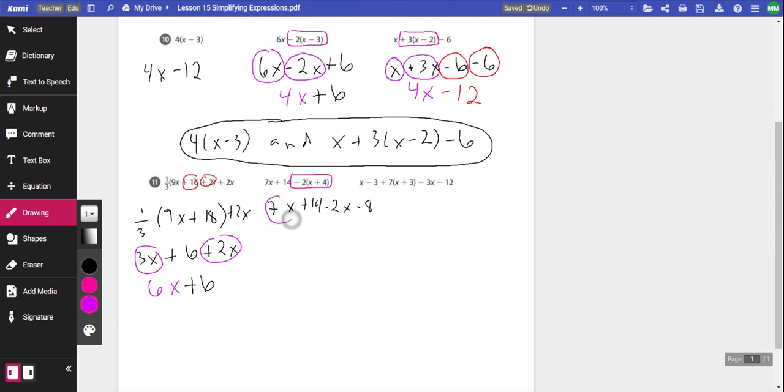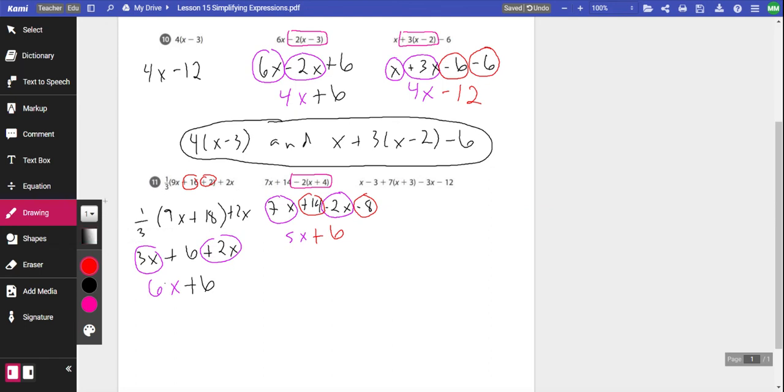I got 7x and minus 2x, which is 5x. And then I have 14 and minus 8, so it would be plus 6. So this one is really close to this one. They have the same constant, but they don't have the same number of x's in the problem.